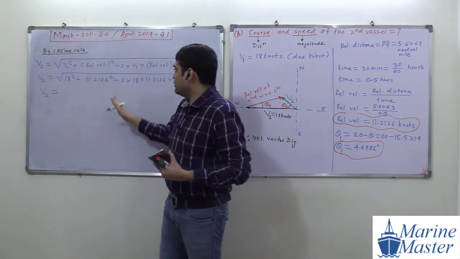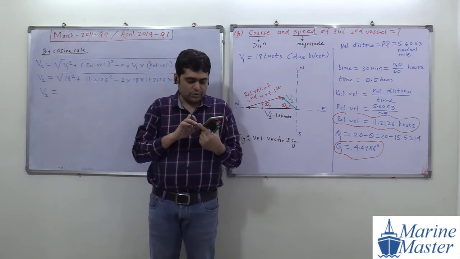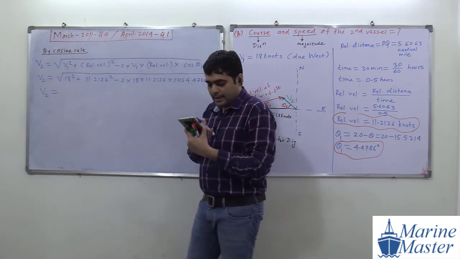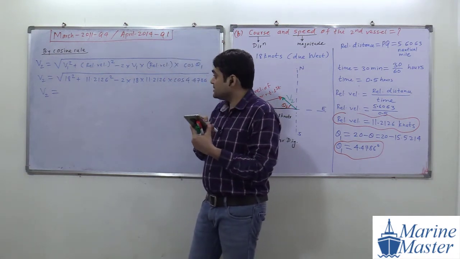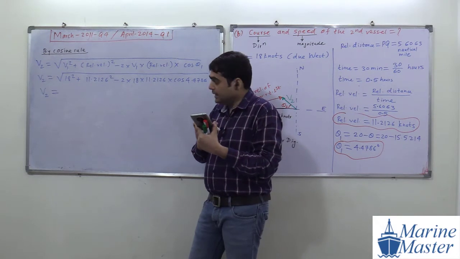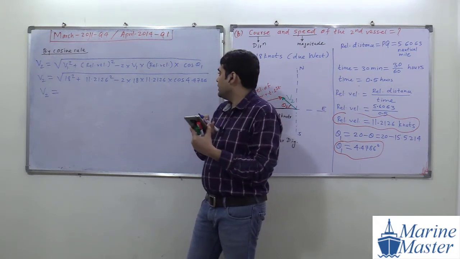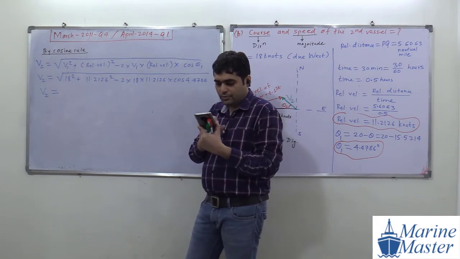So everyone got this relation, the cosine rule. Why do we use the cosine rule here? Square root of 18 squared plus 11.2126 squared minus 2 times 18 into 11.2126 into cos of 4.4786.